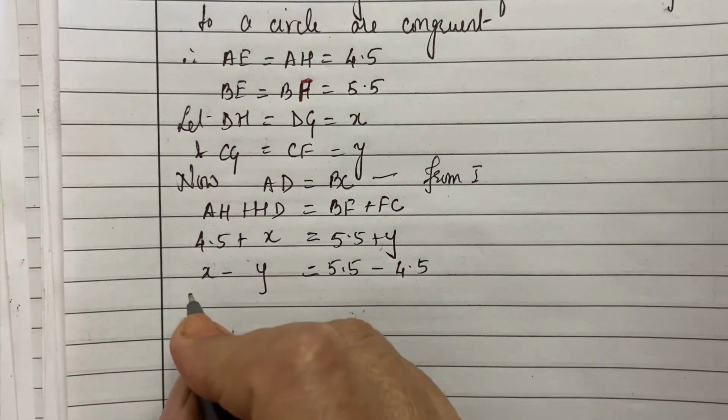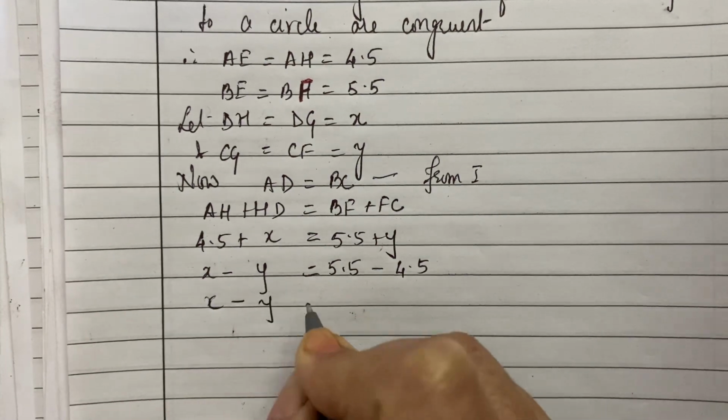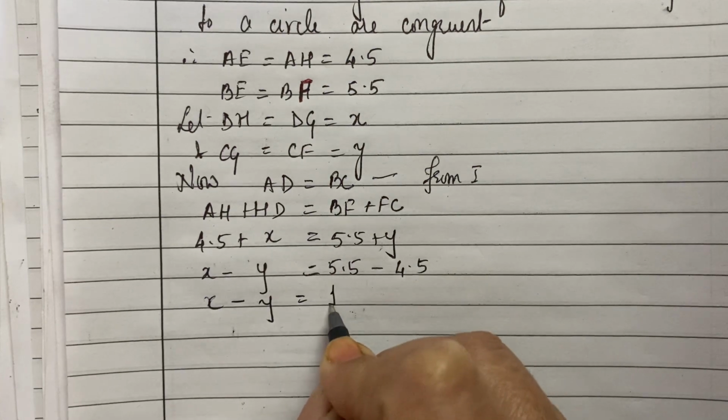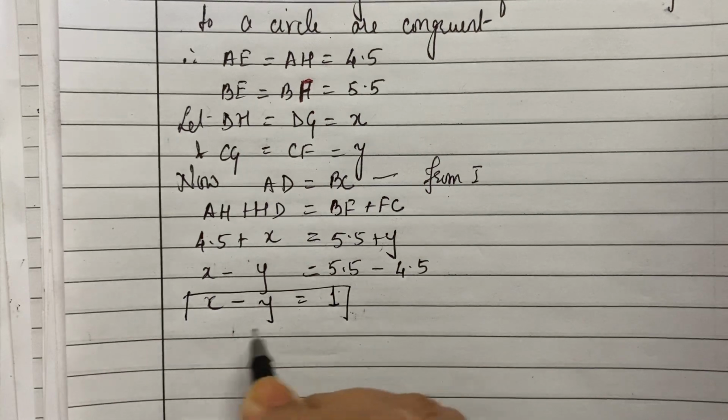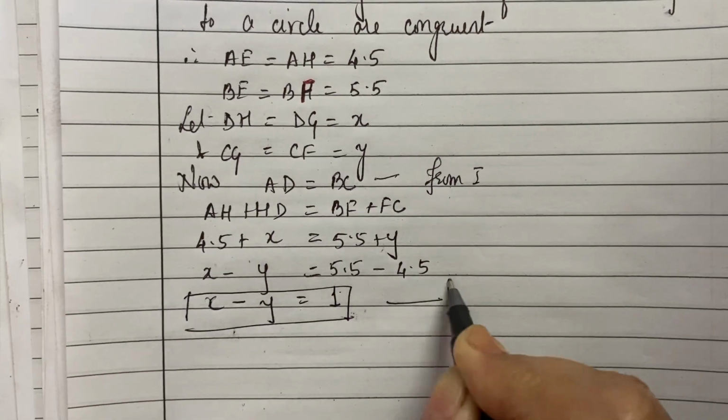So now what do we get here is X minus Y is equal to 1. 5.5 minus 4.5 will be 1. So this is my equation number 2.